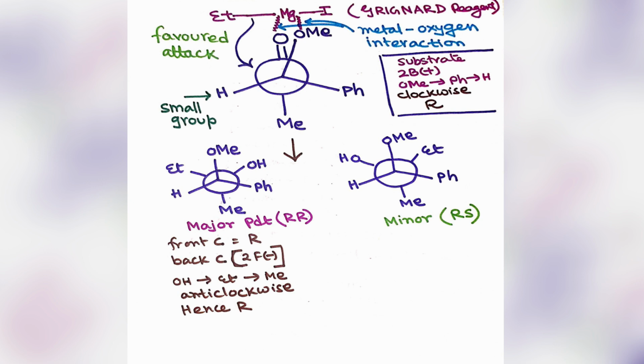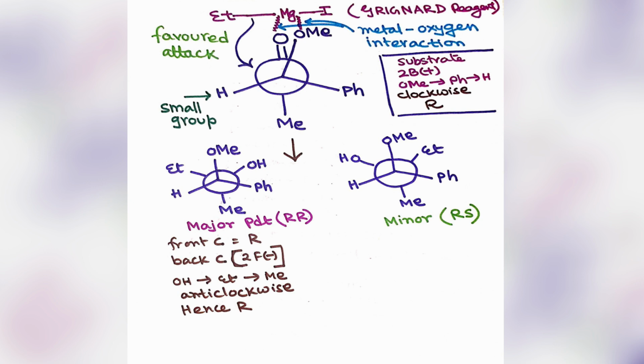Now coming to the substrate, it is given that we have to use the R enantiomer, and not only that, C double bond O and the OMe should be close enough. So we have to see the priorities at the chiral center. OMe, meaning oxygen, is the first priority, C double bond O is the second priority, phenyl is the third priority, and hydrogen is the fourth priority.